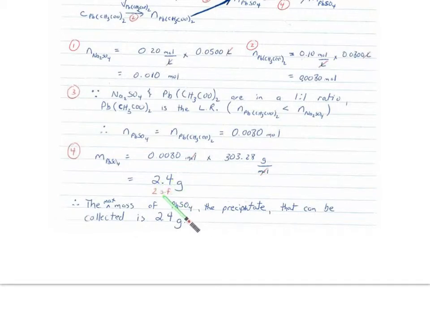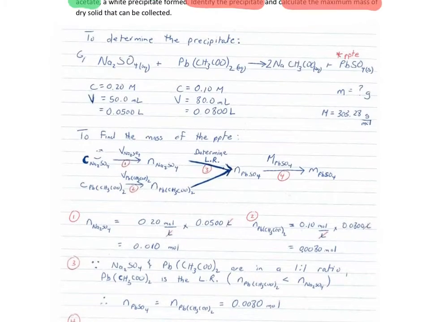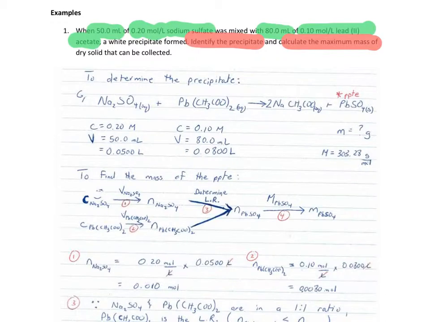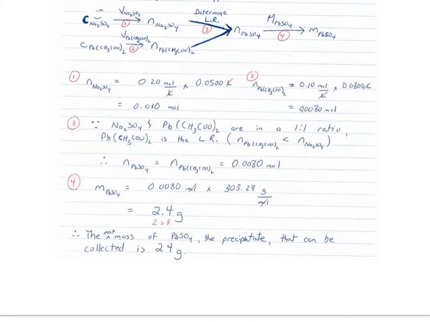Note that I have two significant digits because in some of my initial numbers I had two significant digits given here and here, and three significant digits given here and here, and based on the operations that we did, we were only allowed in the end to have two significant digits. And so I summarize that in a statement.